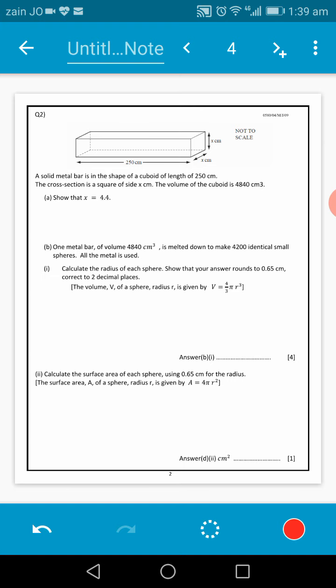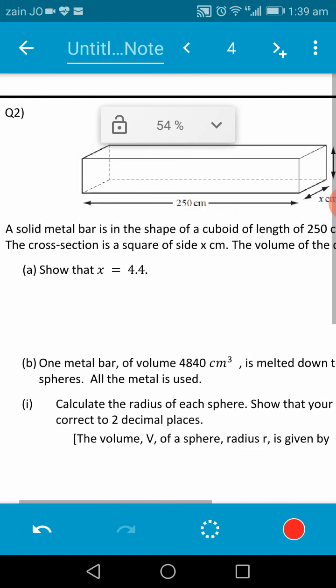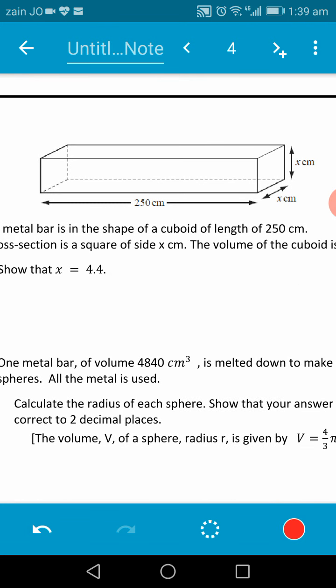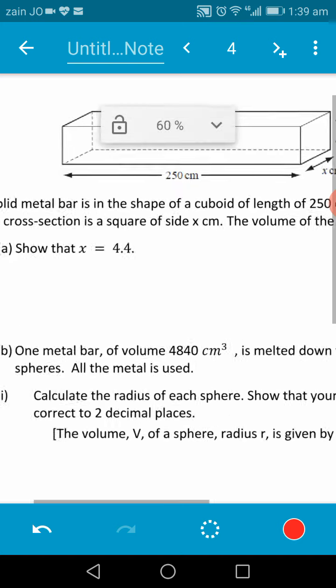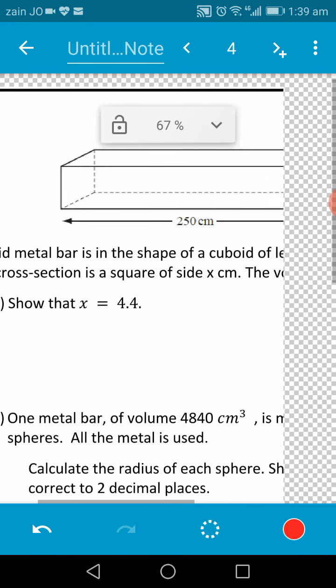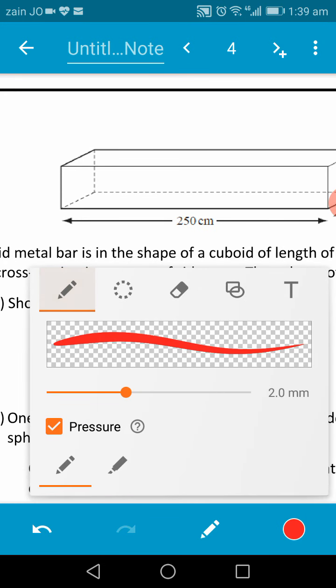This is your homework. In this question, a solid metal bar is in the shape of a cuboid of length 250 centimeter. The cross section is a square of side x. The cross section is a square, right?